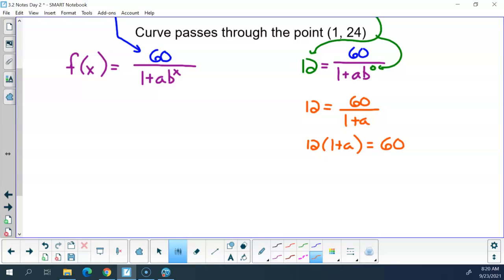Do we agree with subtract 12 from both sides? Do I need to distribute? What can I do instead? I can divide both sides by 12. I'm going to divide both sides by 12. Now I subtract 1. So I get A is 4.